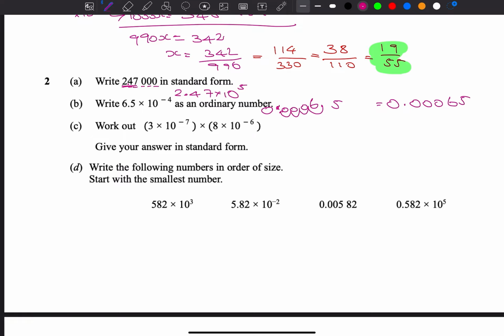Okay, next one. Because you're multiplying 3 times 8, well, that's just 24 times 10 to the power. Because you're multiplying, the powers, remember, will add. Minus 7 add minus 6 is minus 13. The decimal point is here, so you move it one place back here. So that means 2.4, because remember, you can't write 24. It needs to be between 1 and 10 anyways.